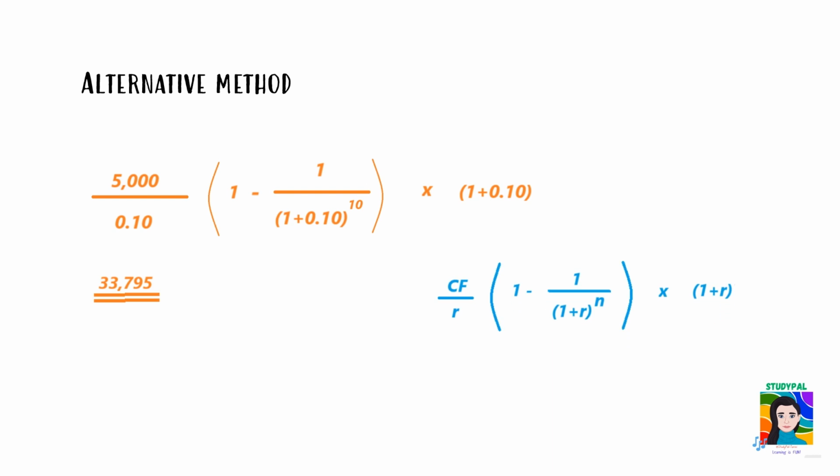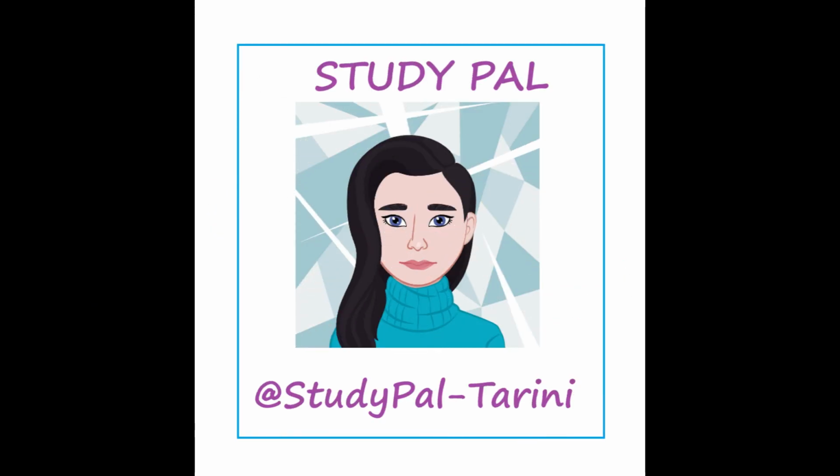This was the formula we used. Cash flow divided by the discount rate times 1 minus 1 over 1 plus r to the power n. And that first part is the same thing we used when calculating the present value for ordinary annuities. And you multiply that whole thing by 1 plus the discount rate.